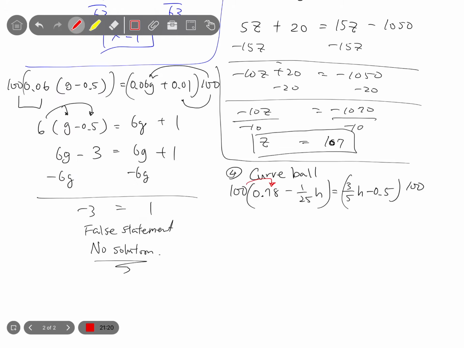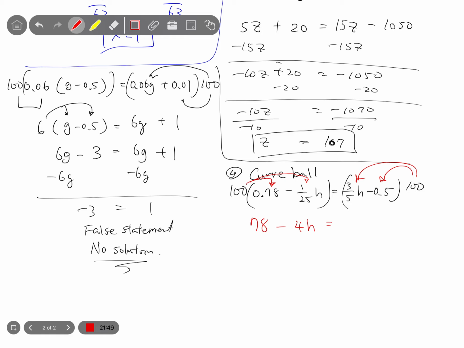So 100 times 0.78 is 78. Minus. Now, what is 100 times 1 over 25? Well, 100 divided by 25 is 4. So this is 4h. Equals. Distribute 100 again. So 100 times 3/5. Now, that means 100 divided by 5, and then multiply by 3.